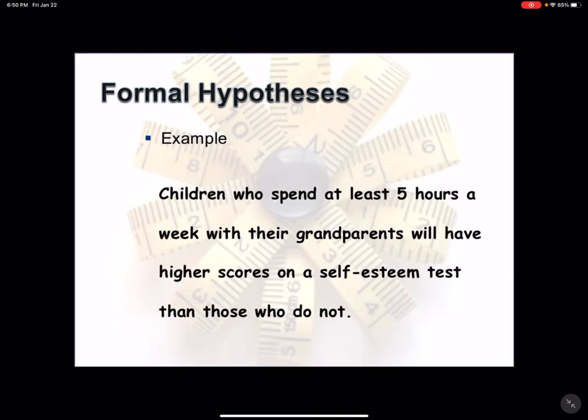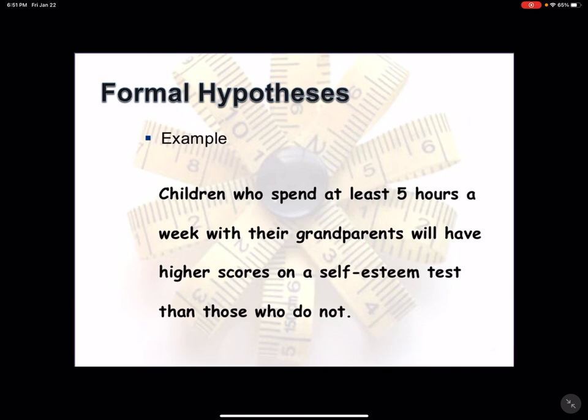Here's another example. Children who spend at least 5 hours a week with their grandparents will have higher scores on a self-esteem test than those who do not. Basically what we're saying is that spending time with grandparents helps children have higher self-esteem. What are our variables there? Time with grandparents and self-esteem.